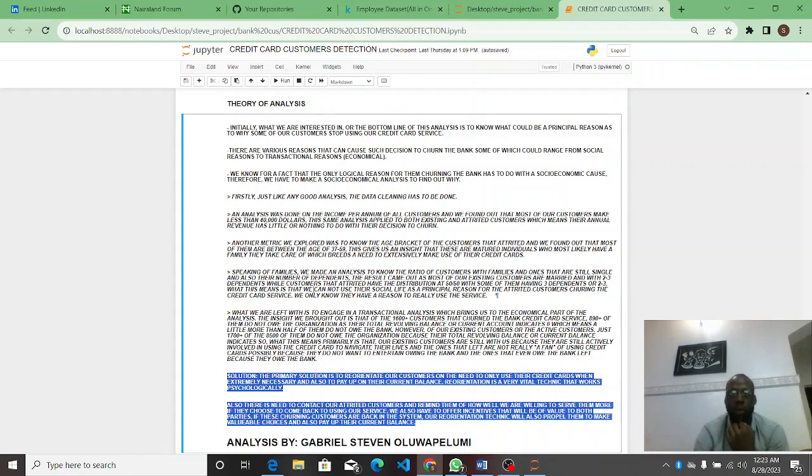Making use of the credit card actually helps them, because if we explain and give them the need for using their credit card, it will change the way they see things, and it will also reduce them churning the organization.